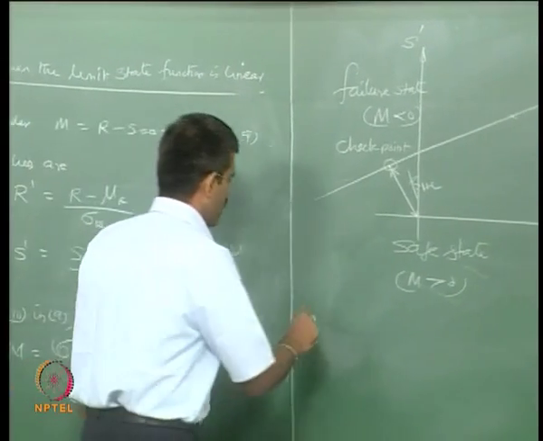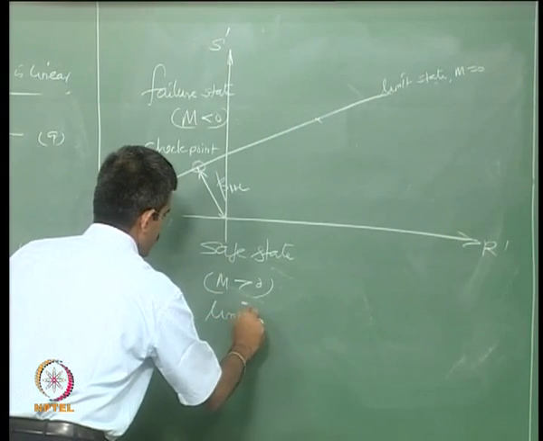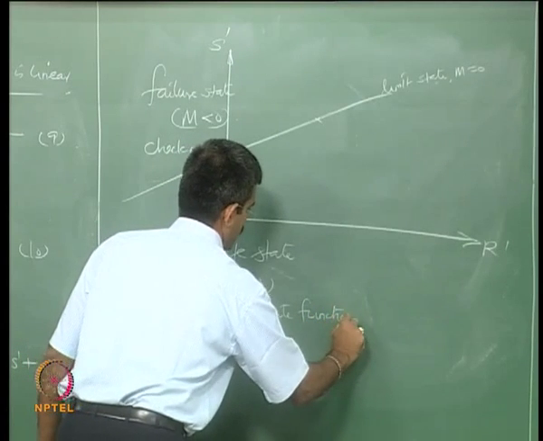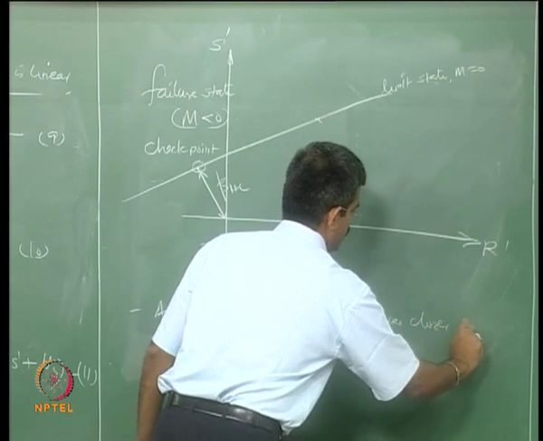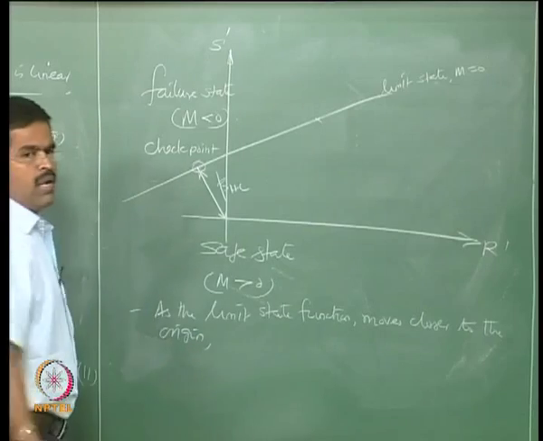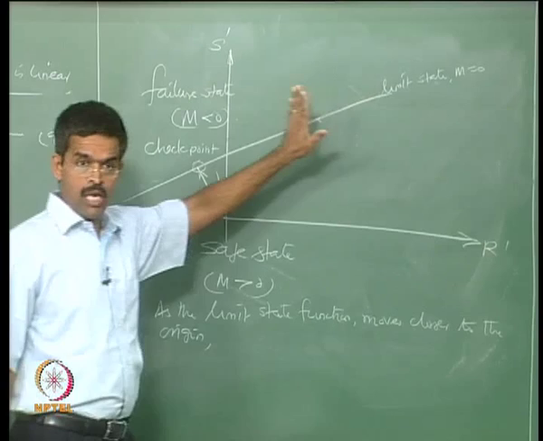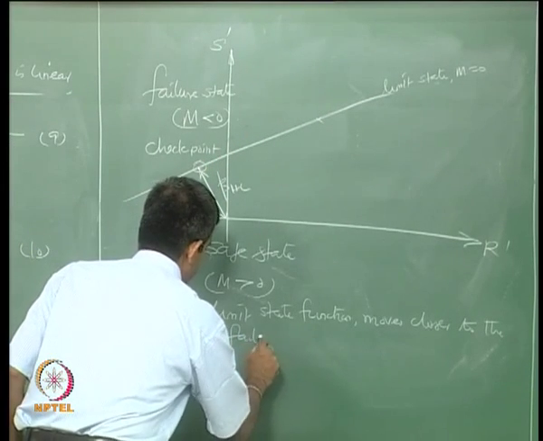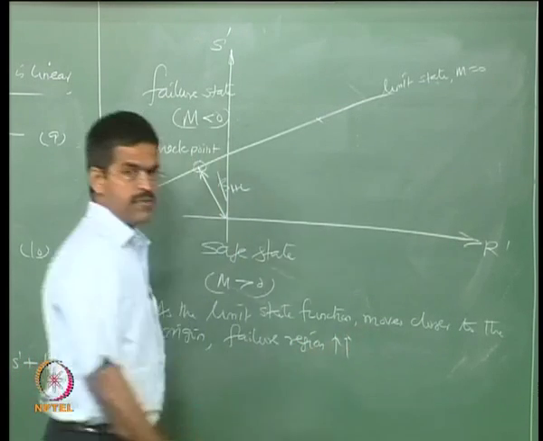Now, you can see from this figure, as the limit state function moves closer to the origin, what will happen when this line keeps on moving closer to the origin? The failure state will keep on increasing, okay. The failure state, or I should say the failure region, keeps on increasing.